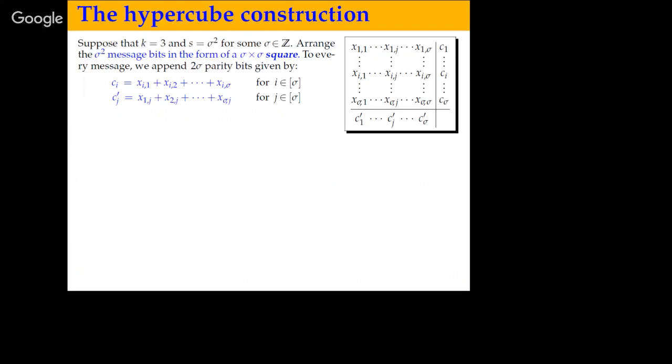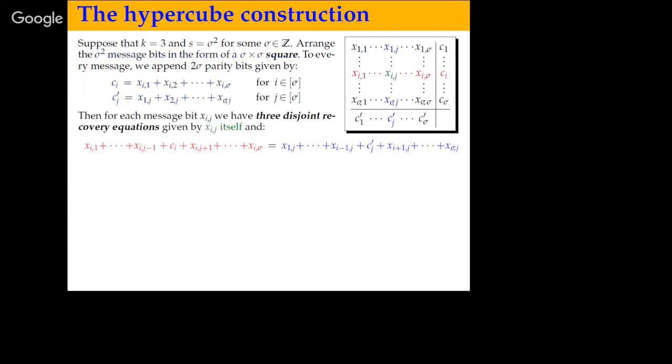It's also quite easy to see. So all right, consider a generic x_ij. Now we want to solve it for k equal 3. So we need 3 disjoint recovery equations for it. What are they? Well, I have this thing itself. And then if I take all of these bits except x_ij, then their sum will be exactly x_ij. Again, the sum of all of these in this column is 0.